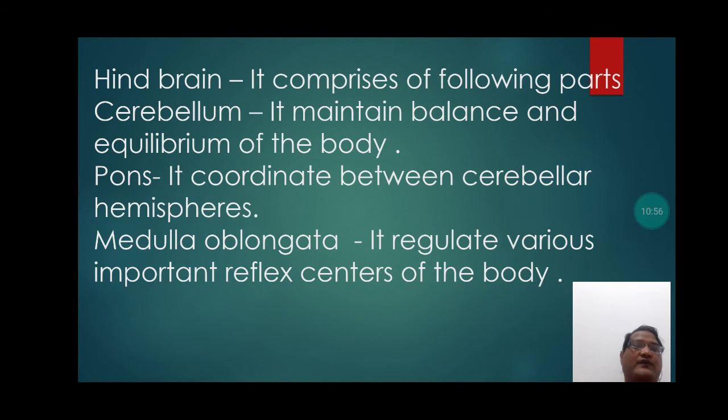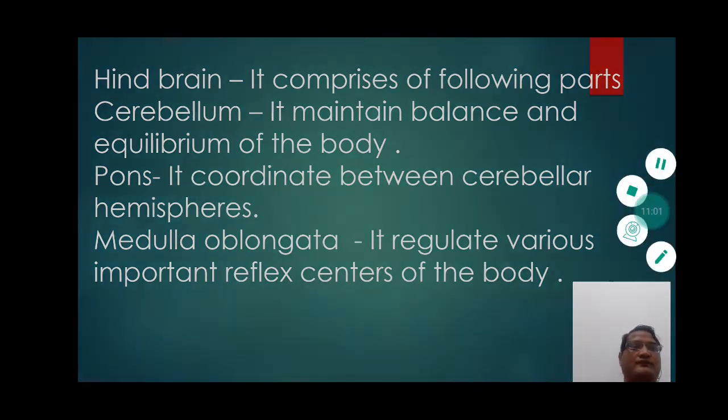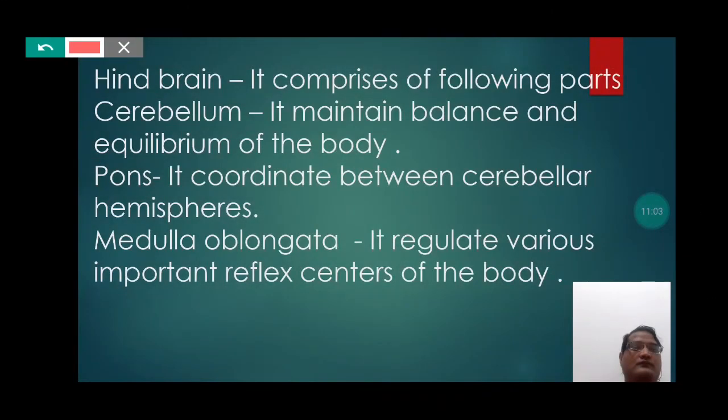Most of the important functions like breathing, respiration center and hunger center remain controlled by the medulla oblongata. Even the heartbeat center remains controlled by the medulla oblongata.